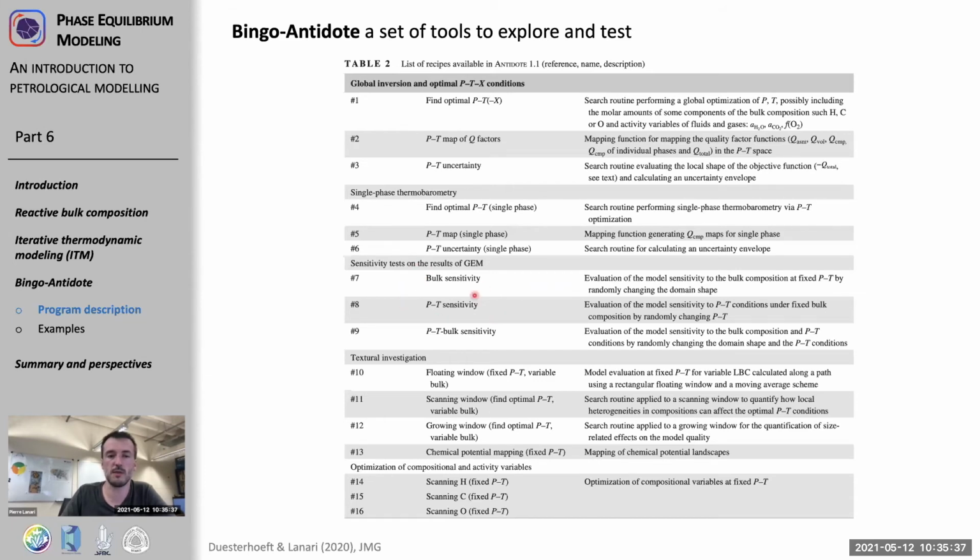You can do the same with the PT sensitivity, and you can combine them to do PT plus bulk sensitivity. We have some textural investigation tool. I will talk about that in a minute. And we can optimize some compositional variables and activity variables. For example, the amount of hydrogen in your bulk composition, the amount of carbon, or the amount of extra oxygen that you have in your bulk composition. Those are variables that Antidote can optimize for you.